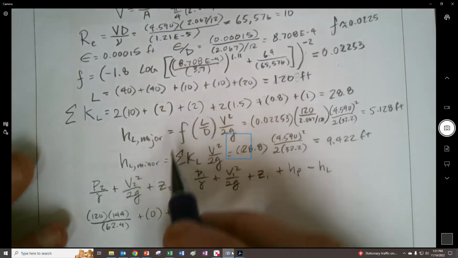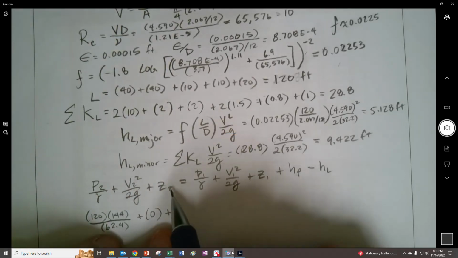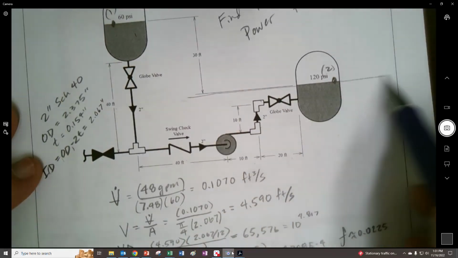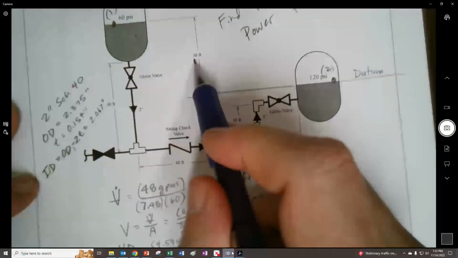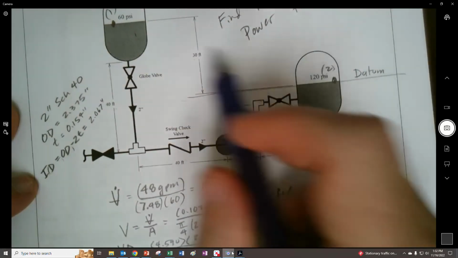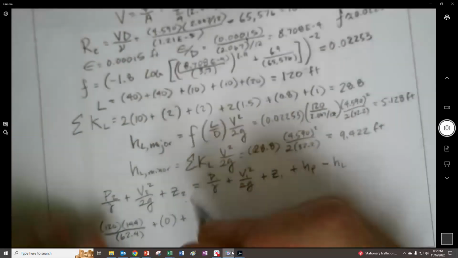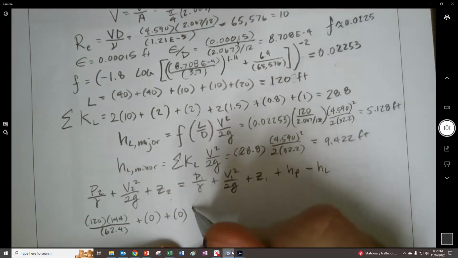We're going to use, let's see, I think this ends up being the datum, right? So we decided that here's a good spot for the datum. So we're going to start actually 30 feet higher than we're going to end. So we just picked the lower spot as the datum.